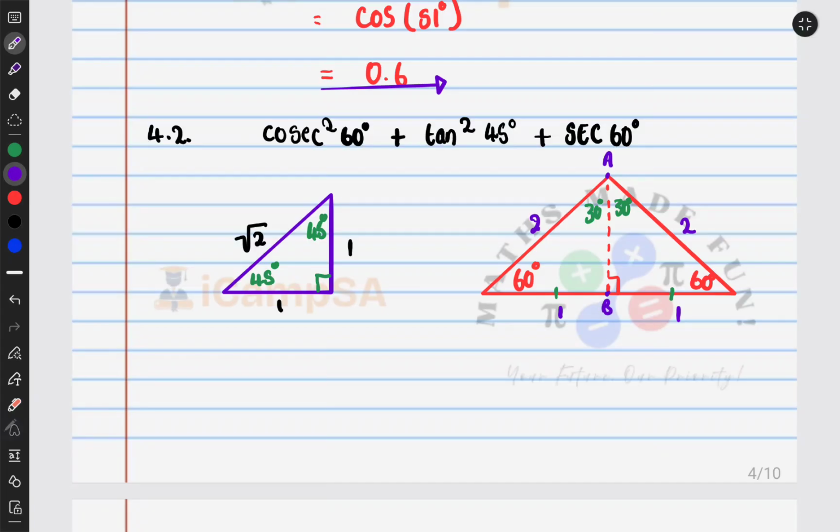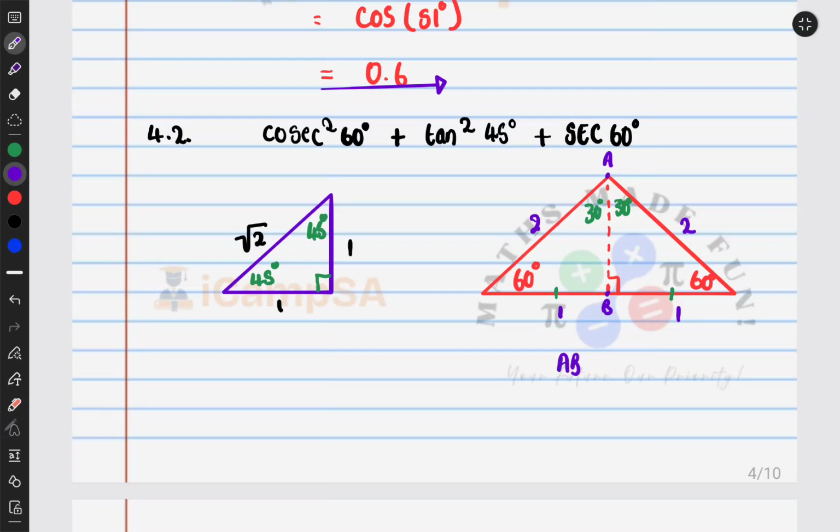We have to calculate the length of AB now. Remember that once we have bisected this equilateral triangle like this, we now have 2 right angles, because line AB is perpendicular to the base. The next step is to calculate the length of AB, and we're going to use the Pythagoras theorem.